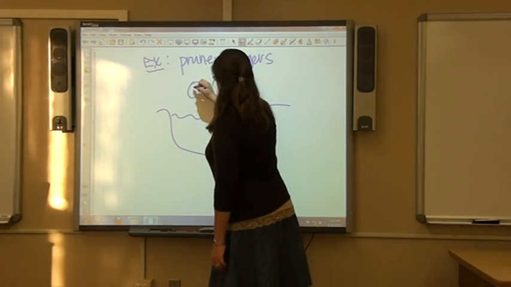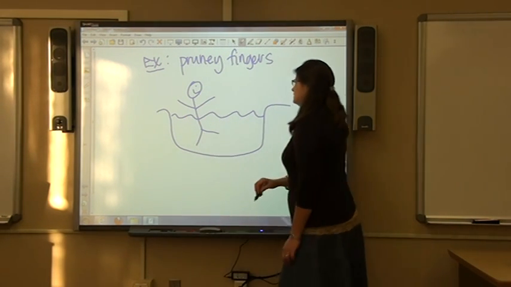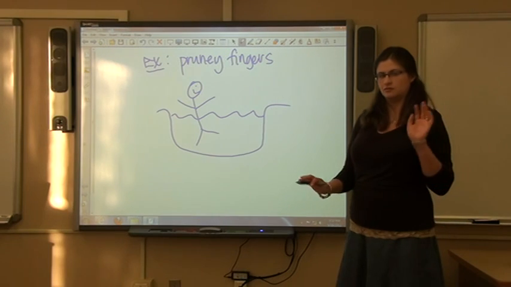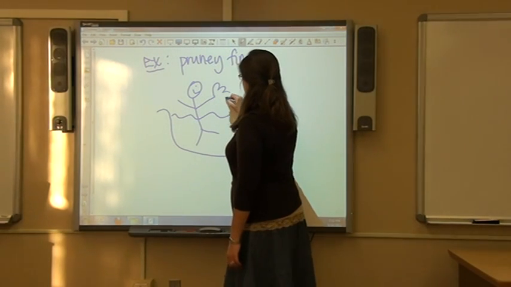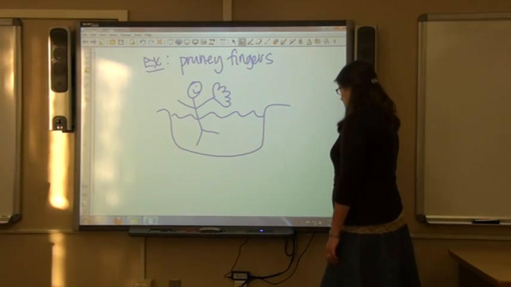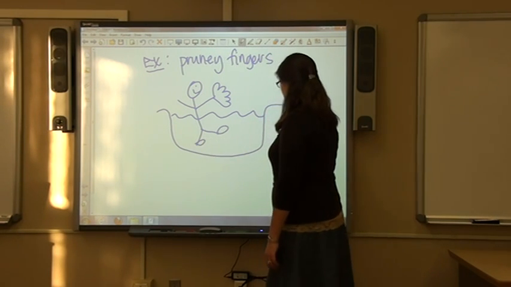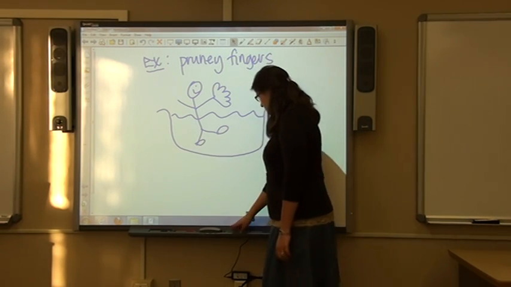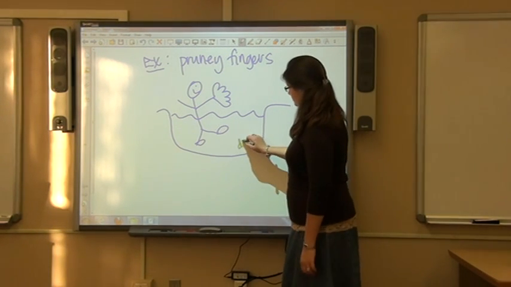Okay, so you are taking a tub, and this is great because you're relaxing, you're not even worrying about your chemistry, and here's your hand and your feet. Inside the tub, there are all sorts of things. There's a little bit of dirt.